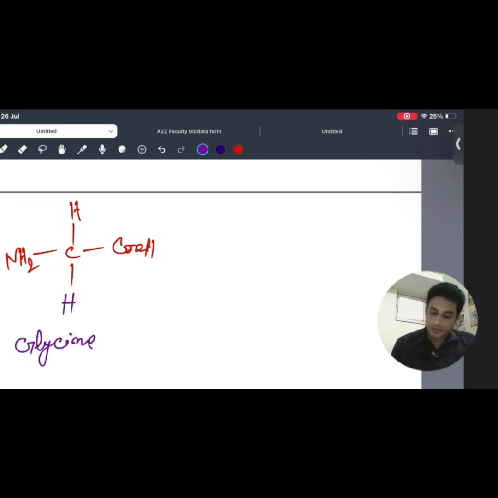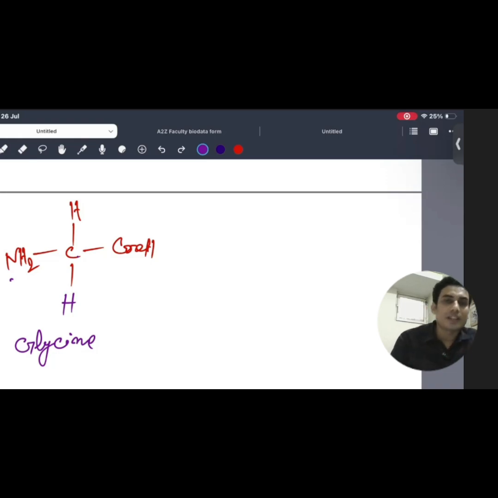You can see that the carbon has four groups: NH2, COOH, and two groups that are similar. There are not four different types of groups attached to the carbon, so this molecule is not a chiral molecule. It is achiral.